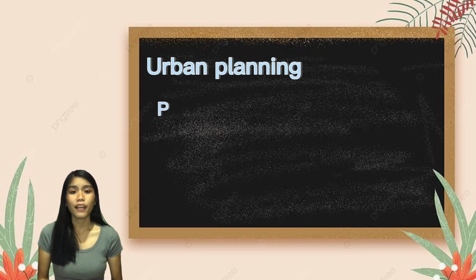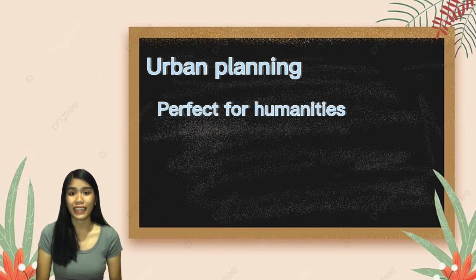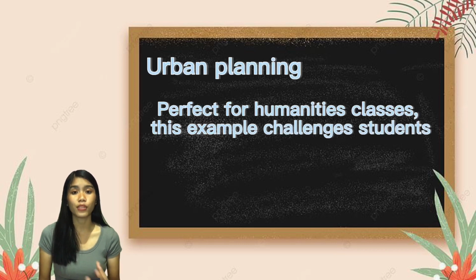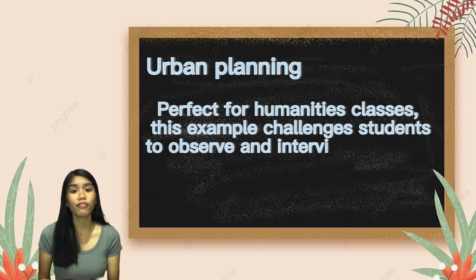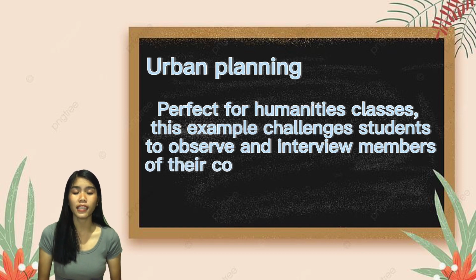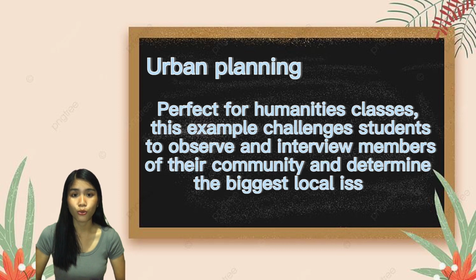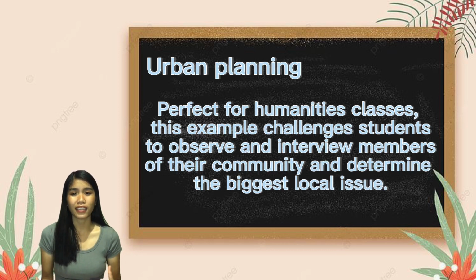So perfect for humanities classes. This example challenges students to observe and interview members of their community and determine the biggest local issue. They formulate practical solutions that they will then teach to a panel of professional urban planners.